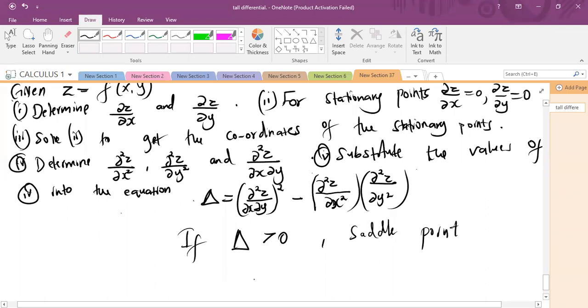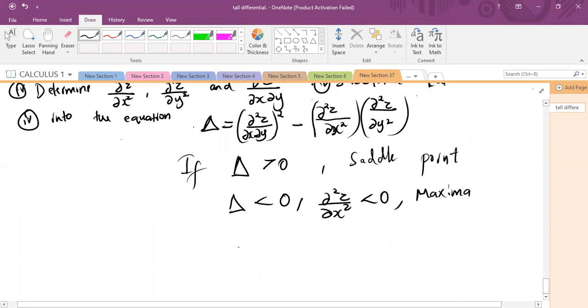And if it is less than 0 and d2z dx squared is less than 0, then it is a maxima, maximum point. Then if it's less than 0, but d2z dx squared is greater than 0, then it is a minima.